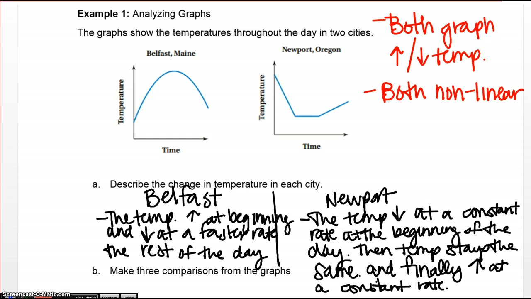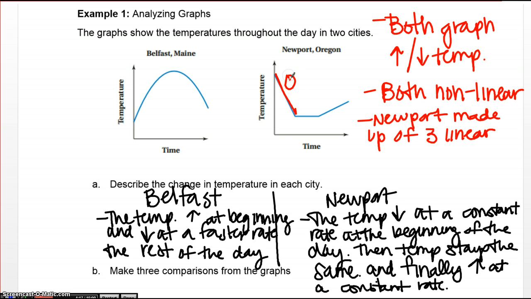But Newport is made up of 3 linear sections. What I mean by that is this is one linear section, this is the second linear section, and here is the third. So these are all 3 linear sections, but together it is a non-linear line.